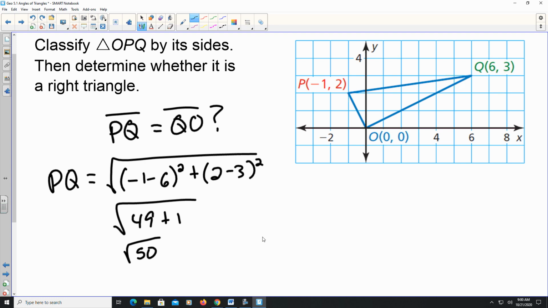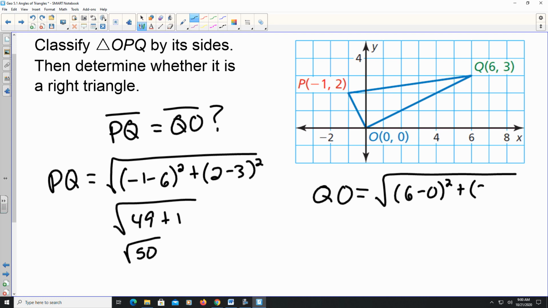All I want to know now is, is QO going to give me the square root of 50? So let's take a look. Taking the square root, I get 6 minus 0 squared plus 3 minus 0 squared. 6 minus 0 is 6. 6 squared is 36. Plus 3 minus 0 is 3. 3 squared is 9.